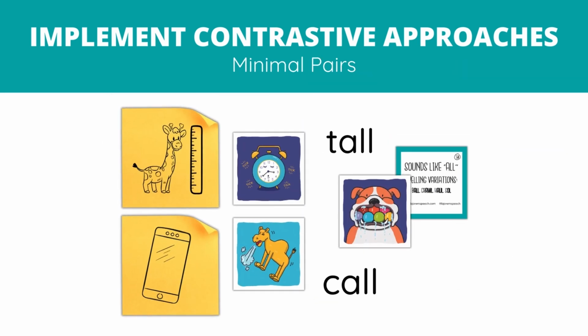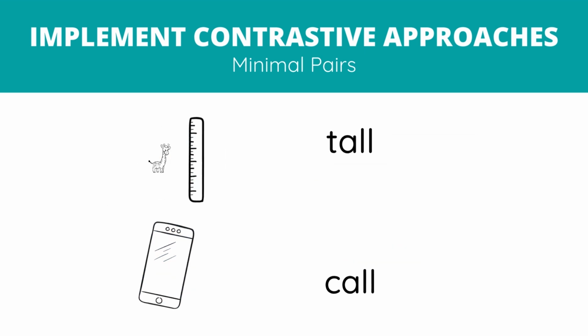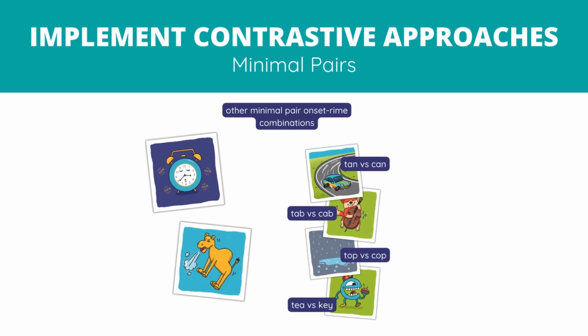To use these cards with a minimal pairs approach, you will first need to identify the error pattern or patterns you want to target. For example, if you have a child who needs to work on the phonological error pattern of velar fronting, you would choose a handful of rhymes and add the t and k onsets, or the tick-tock and coughing camel sounds, to the beginning of the rhymes.